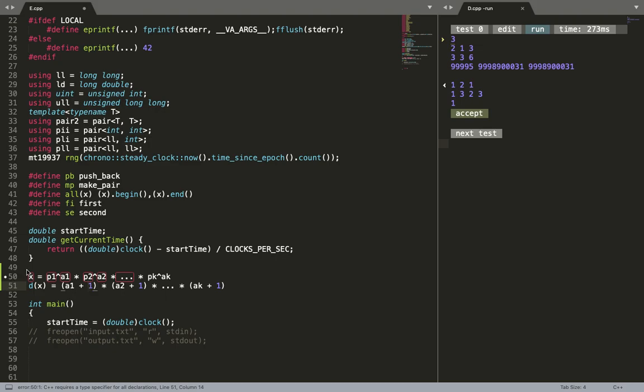Why is that? Because every divisor of x should have the same primes, but in smaller or maybe equal powers, but not greater. If the power is greater, then it is not a divisor of x.